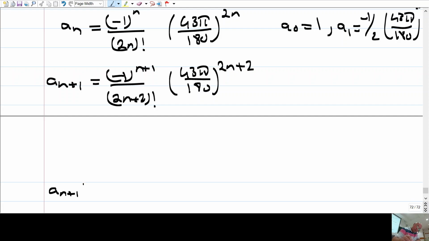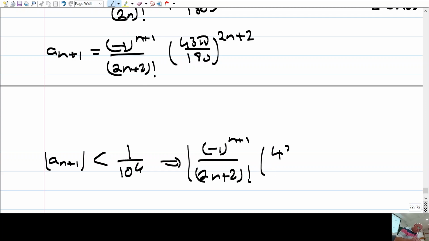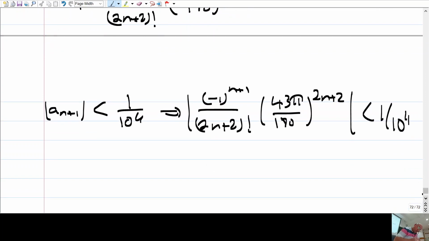I want an plus 1 to be less than 1 over 10,000, which means the absolute value of this number, 43 pi over 180 to the power 2n plus 2, is less than 1 over 10,000.